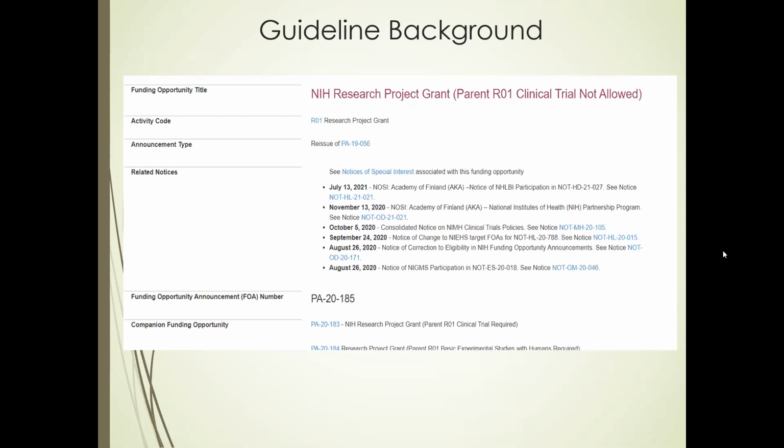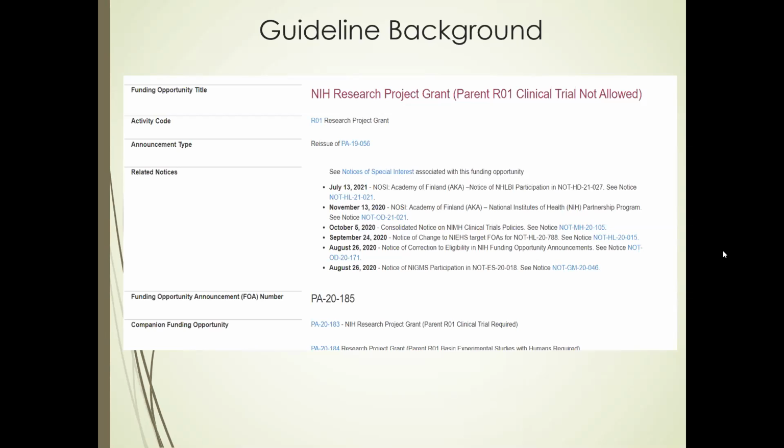So one of the first things you want to do when you're pulling a specific solicitation that you're going to submit to is look through the notices that have been posted on it, because they expect you to look through these and see if any of these apply to you or are going to impact the type of proposal that you're going to be submitting or the work that you're interested in doing.